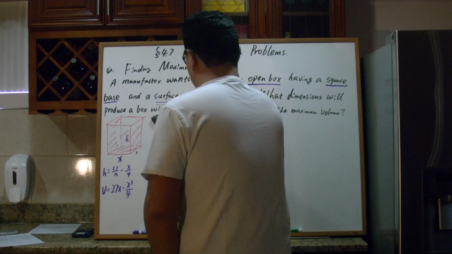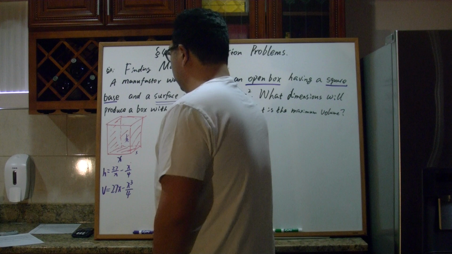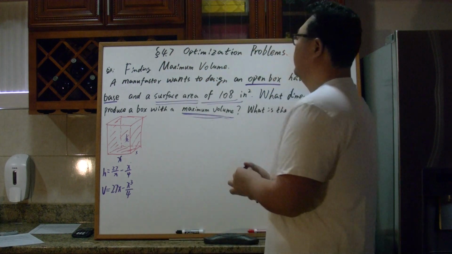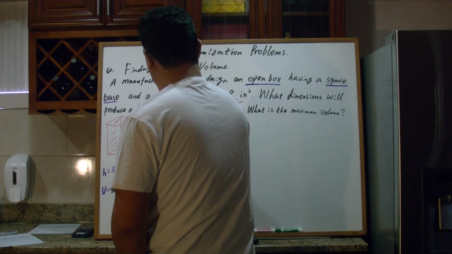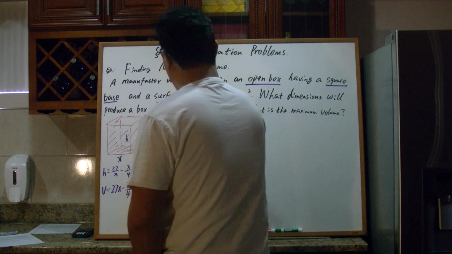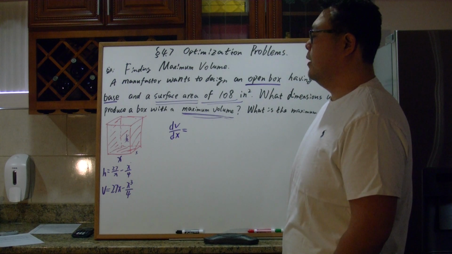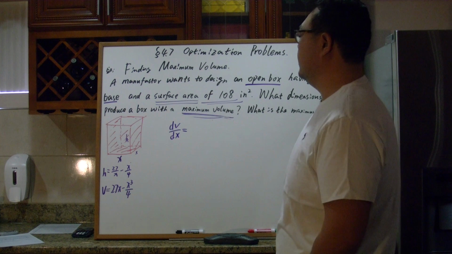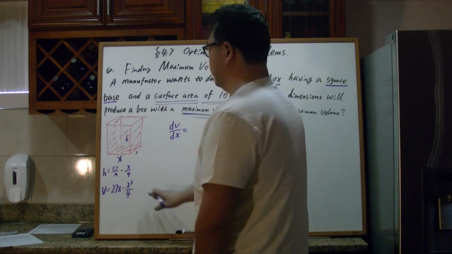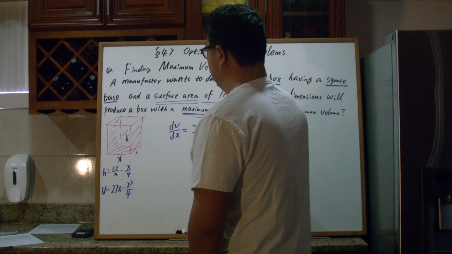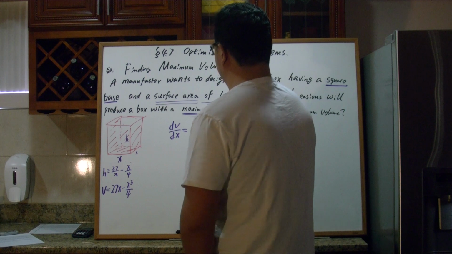And then to find the relative extrema, how do we find the maximum or minimum, which is the optimization here? It is finding the derivative of the volume with respect to x. That is 27 minus 3 over 4 x squared.